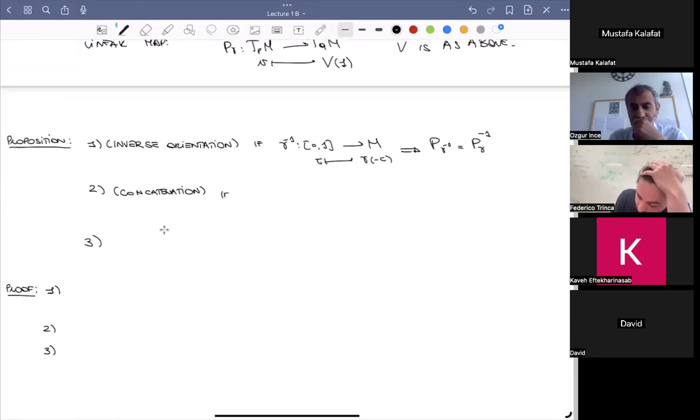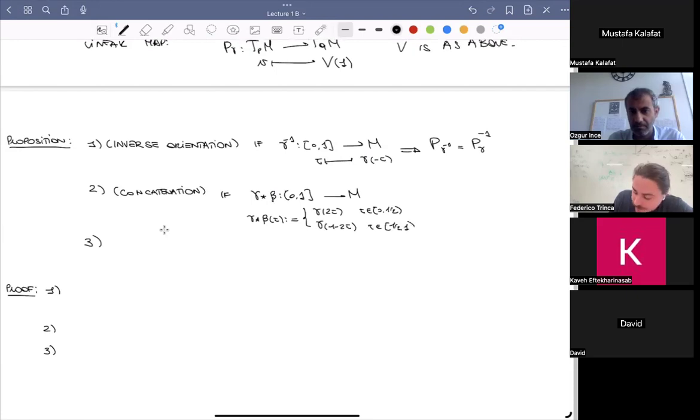The second property is that if I define gamma star beta as the concatenation map, something you have probably seen in your topology class, then gamma star beta of t is defined as gamma(2t) if t is in [0, 1/2], and beta(2t-1) if t is in [1/2, 1], with gamma and beta chosen suitably.